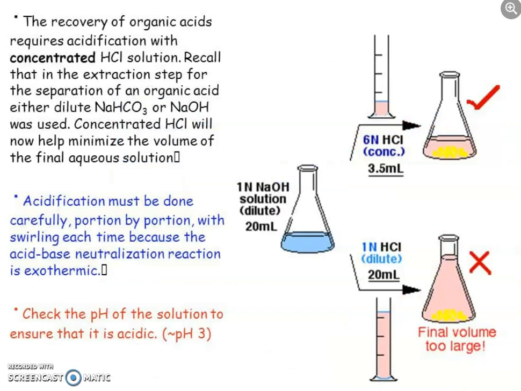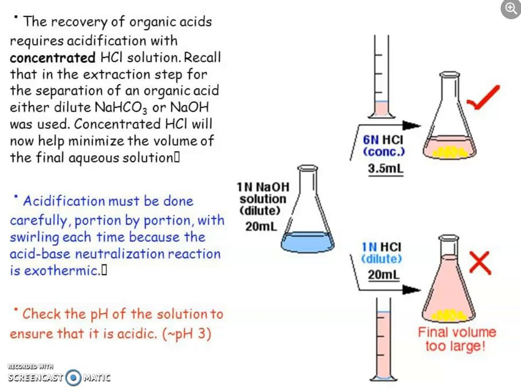The recovery of organic acid requires acidification with concentrated HCl solution. Recall that in the extraction step for separation of an organic acid, either dilute sodium bicarbonate or sodium hydroxide was used. So concentrated hydrochloric acid will now help minimize the volume of the final aqueous solution.